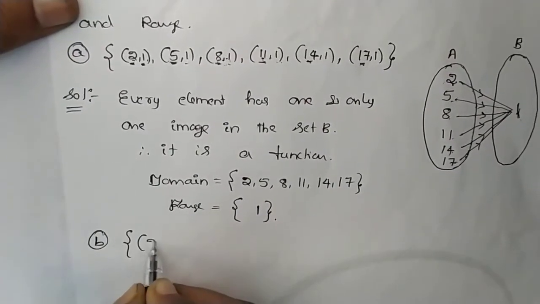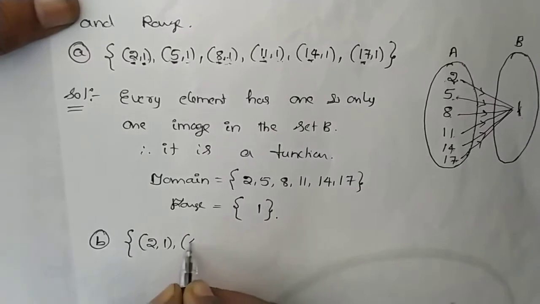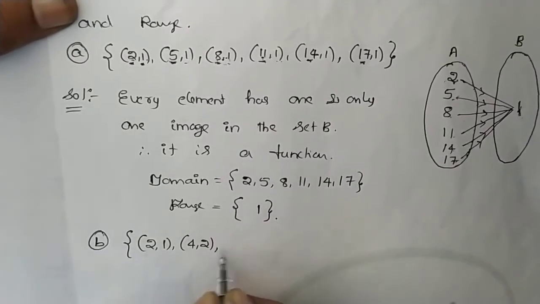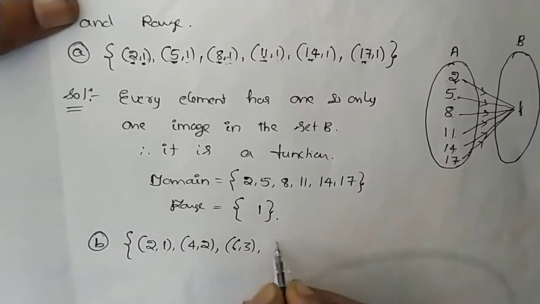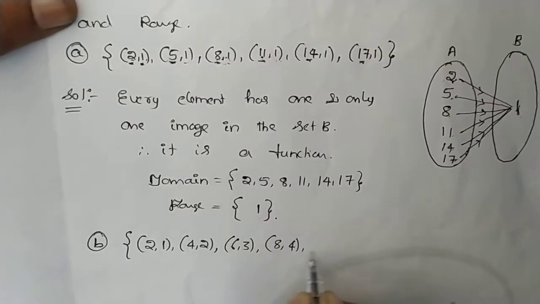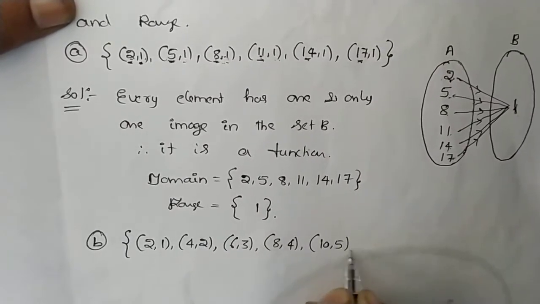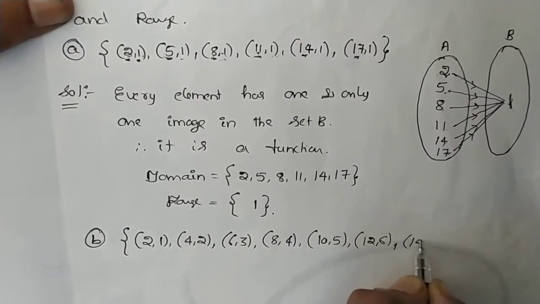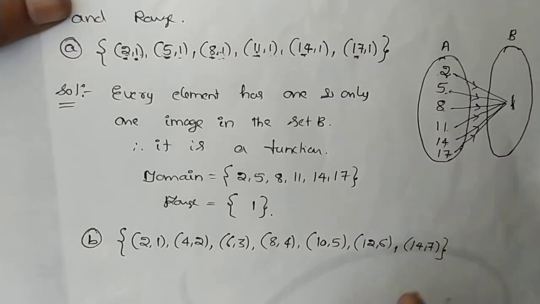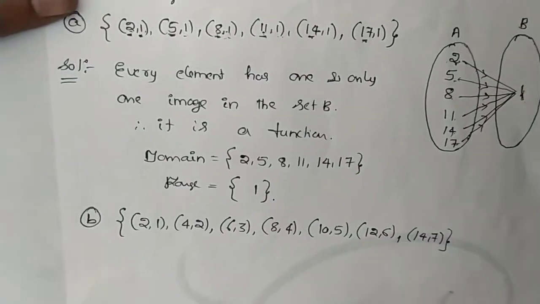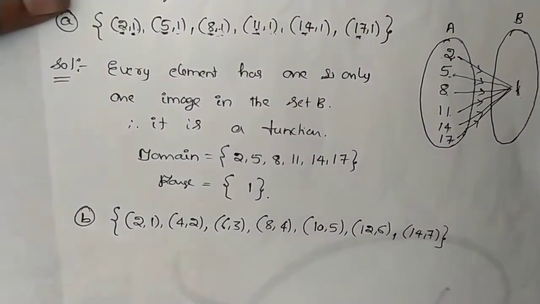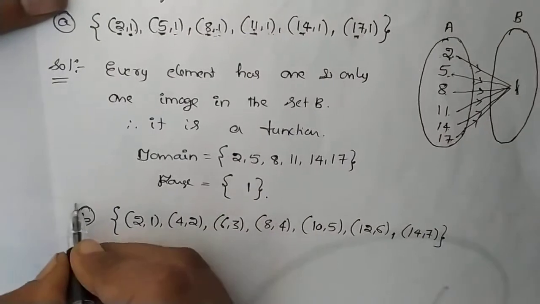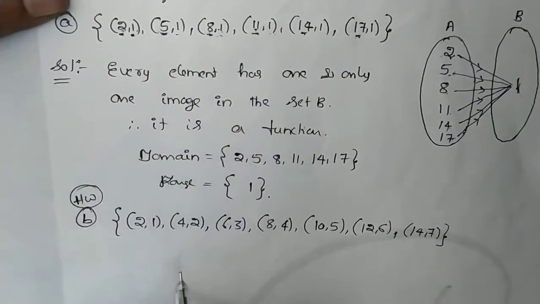Next, sub-question B. Write down the relation (2,1), (4,2), (6,3), (8,4), (10,5), (12,6), (14,7). Is this relation a function? It is a homework question for you.